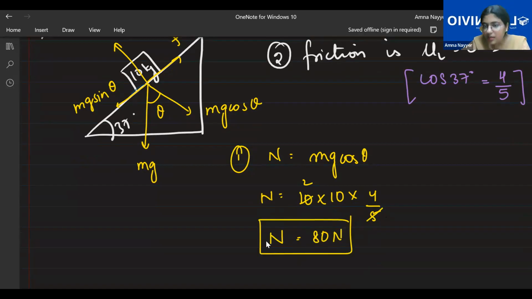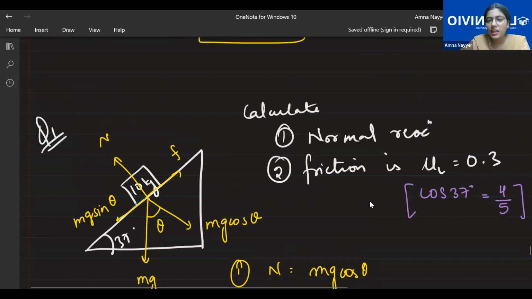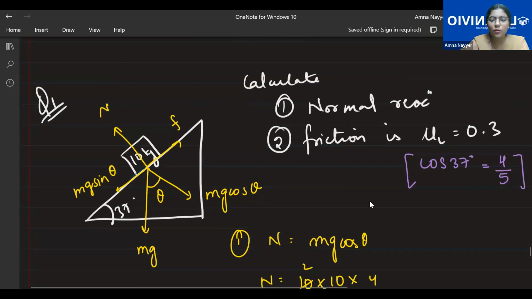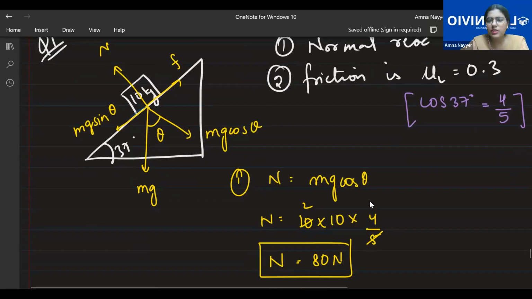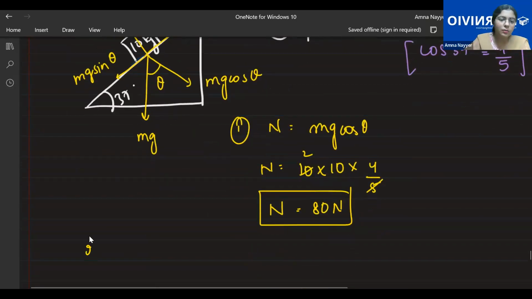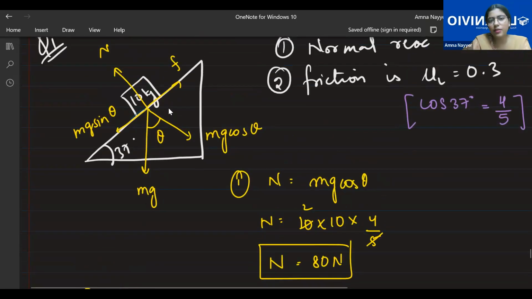Now this is the normal reaction, in Newton. The second part says the coefficient of friction is given as 0.3. So the friction force is balancing mg sine theta also.